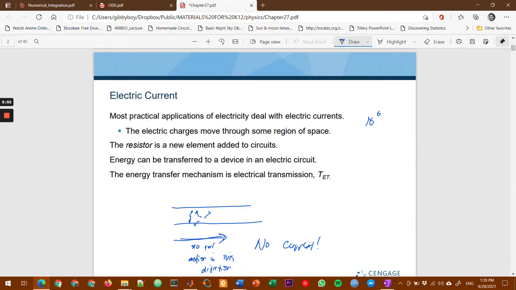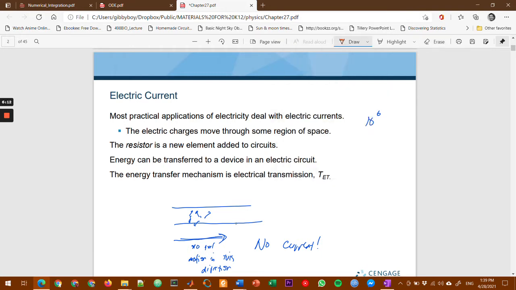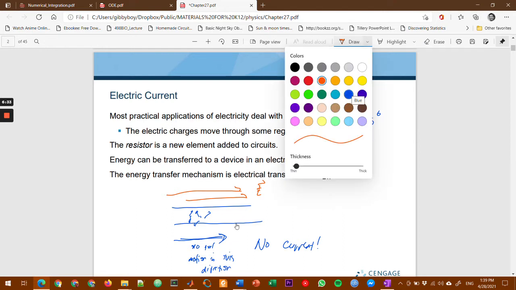Now, when a constant electric field is applied, if I now expose this wire, this conductor, to an electric field in this direction, so there is now a constant electric field applied to that conductor, those charges will begin to move slowly in this direction.